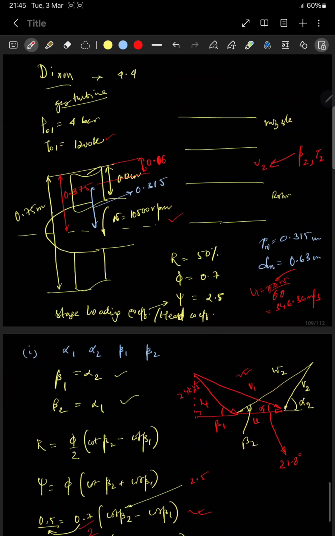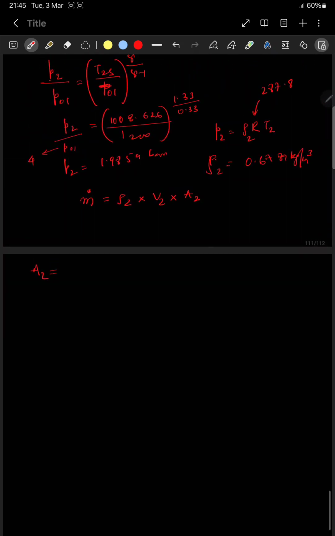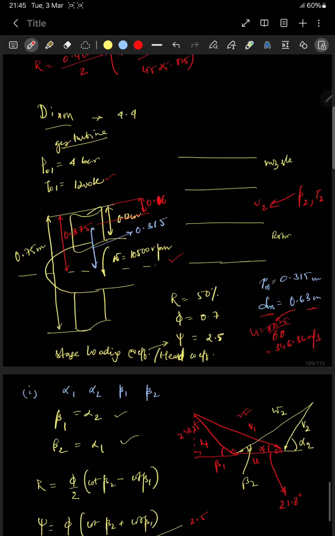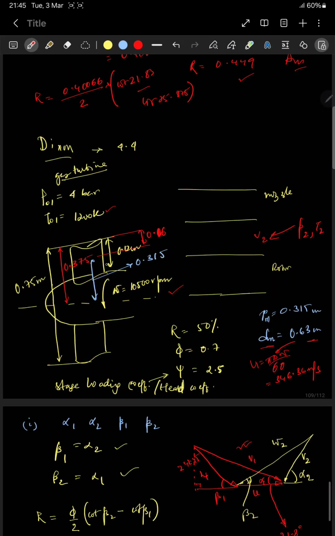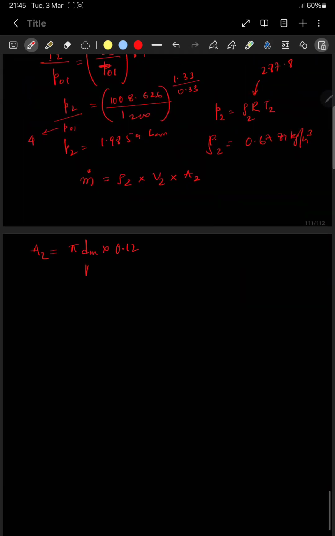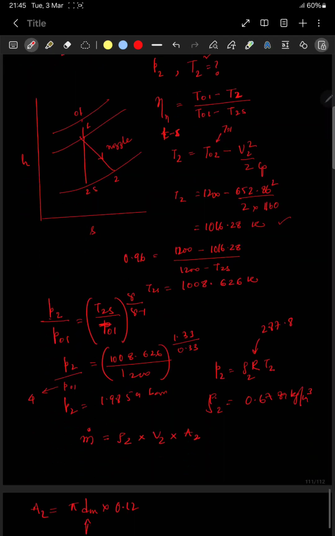A2 is the perimeter along the mean diameter, which is pi d, into the height. This is the height, 0.12, and mean diameter is 0.63.